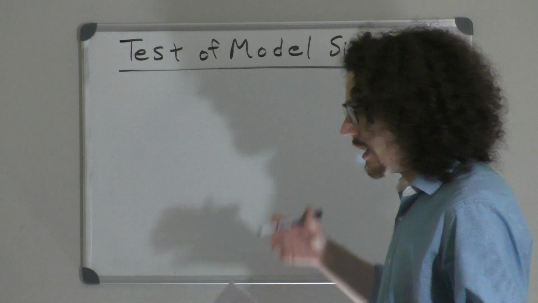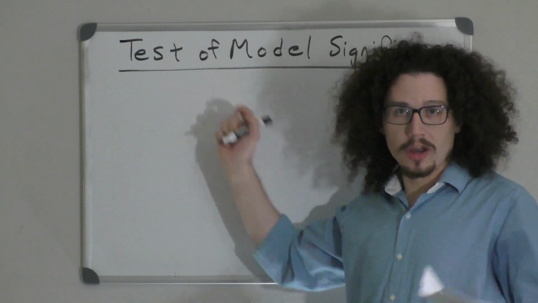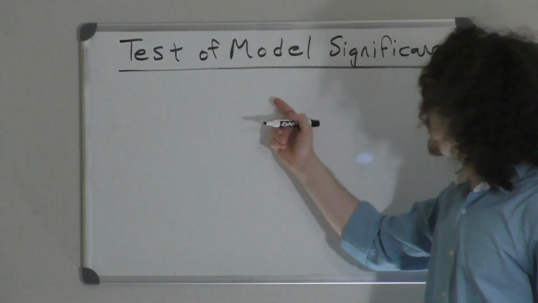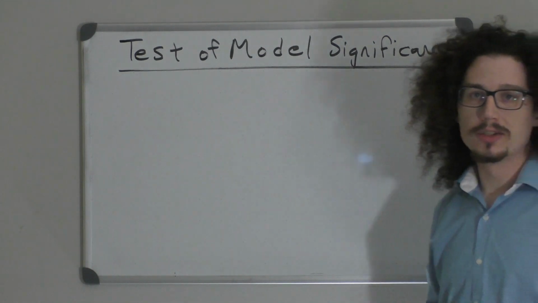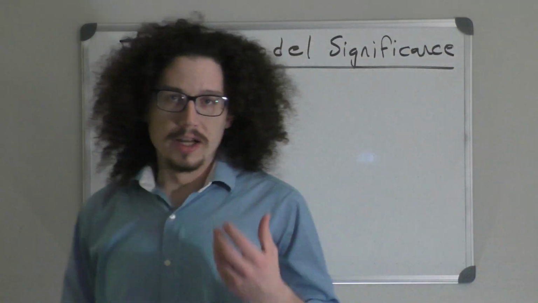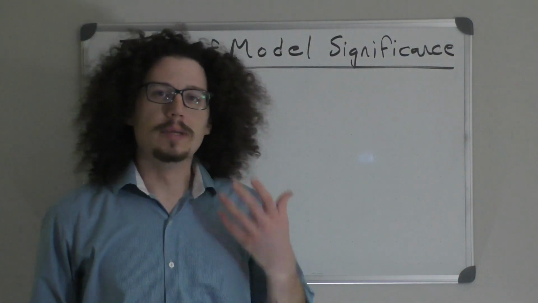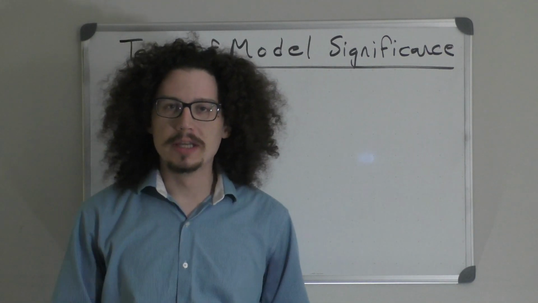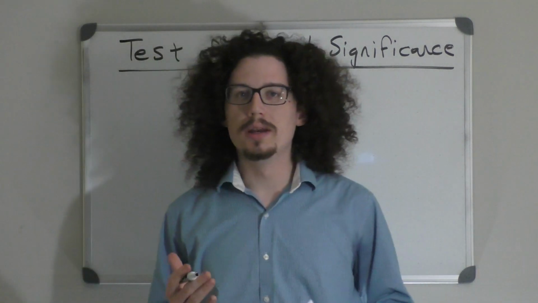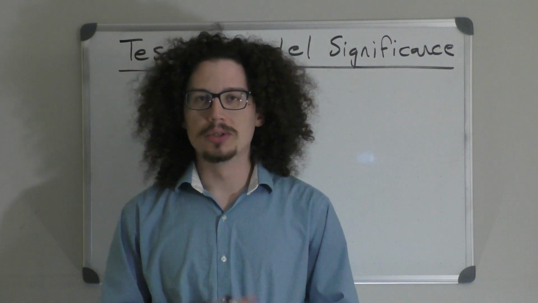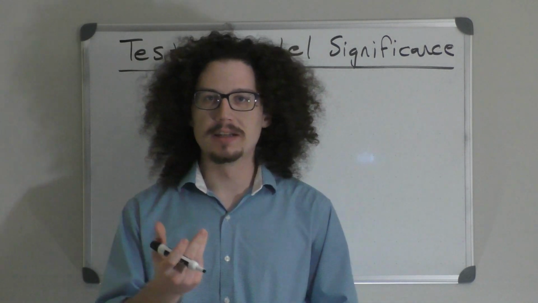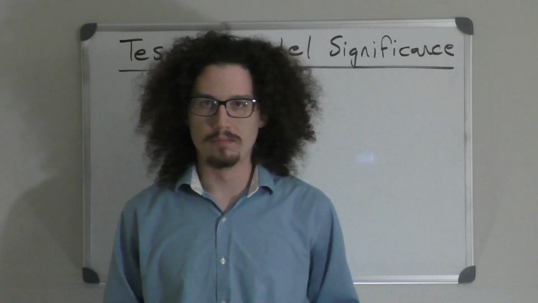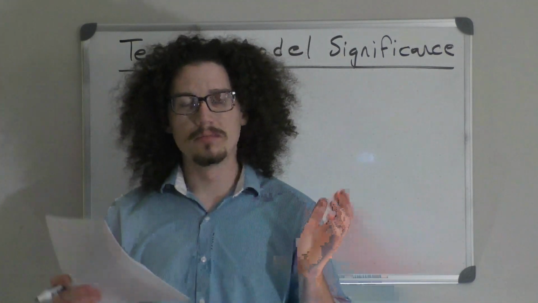Okay, so the next thing we're going to talk about, again, talking about the model, and now talking about something completely new. This is a test for model significance. All right, so what does it mean for our model to be significant? What this means is that at least one of our independent variables actually has an effect on the dependent variable.